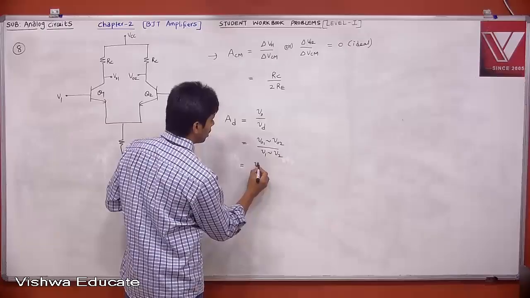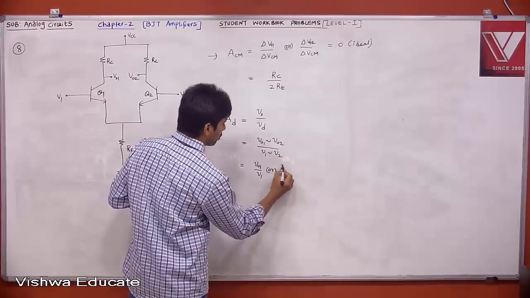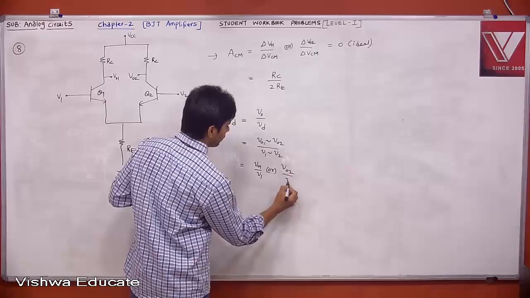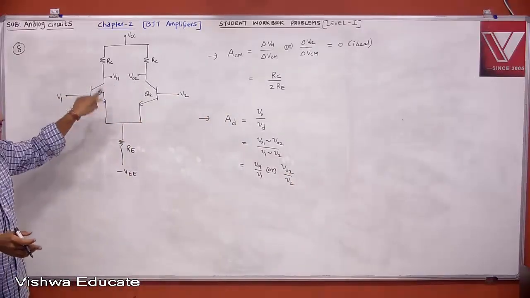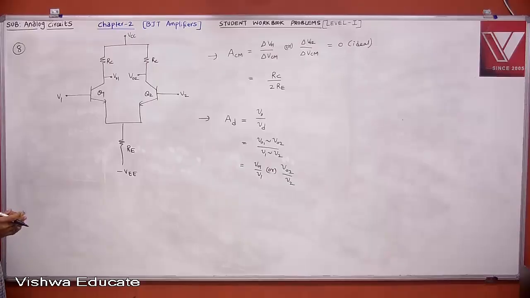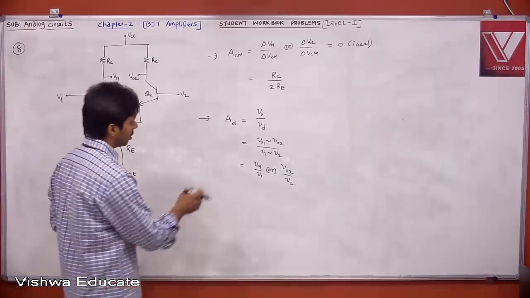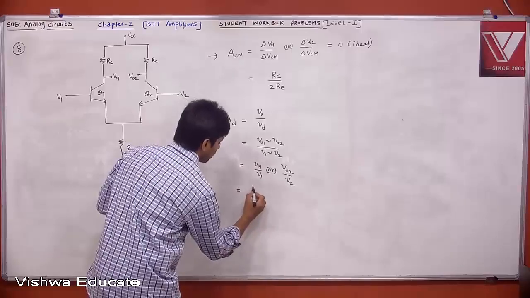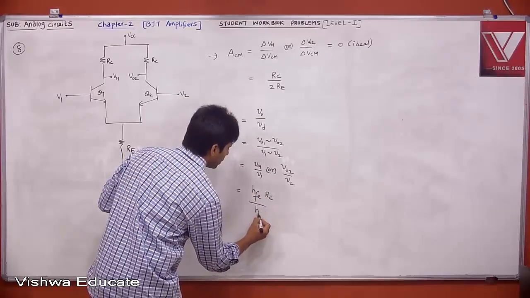This is nothing but V01 divided by V1 or V02 divided by V2, your single amplifier voltage gain. Your differential gain of the differential amplifier is nothing but your single-ended common emitter amplifier voltage gain. And that we got as magnitude only HFE into your load RC divided by HIE.